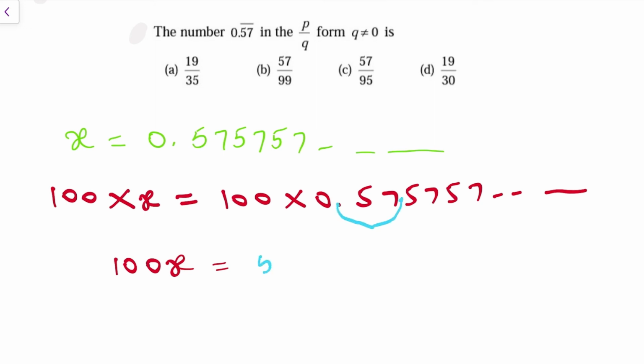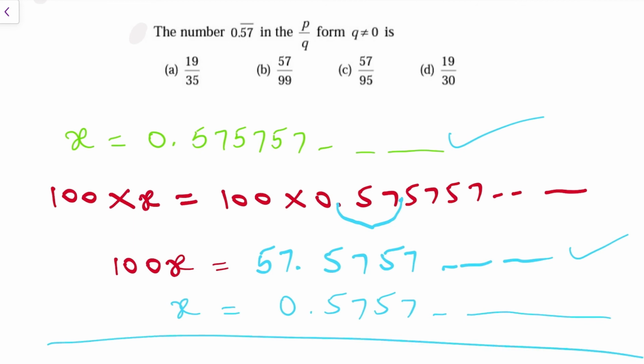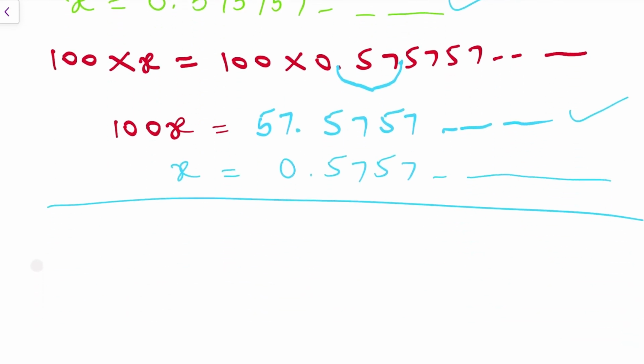Then it will become 57.575757 and so on. This equation and this equation, both we need to subtract. So x is equal to 0.5757 and so on. If we do the subtraction, 7 minus 7 is 0, 5 minus 5 is 0, 7 minus 7 is 0, 5 minus 5 is 0. 57 minus 0 is 57, and 100x minus x is 99x.